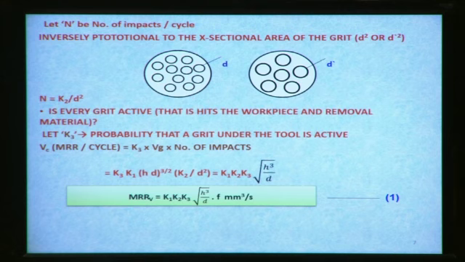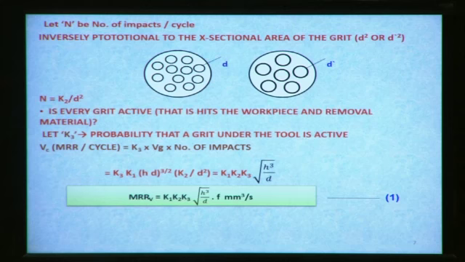Now we have to calculate the volume of material removal rate per unit time. So we have to multiply this Vc with the frequency. Frequency means how many times this tool is vibrating in 1 second. So if we multiply Vc, the volume of material removed per cycle, by how many cycles there are, how many times it vibrates in 1 second, then we can get the volume of material removal rate per unit time.